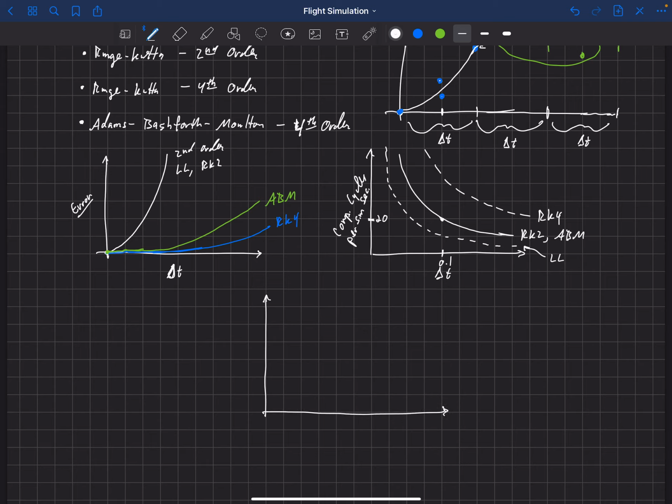On the x-axis, we're going to have the number of computational cycles per simulated second. And on the y-axis, we're going to look at the error. Okay, now I'm just drawing this plot as notional.